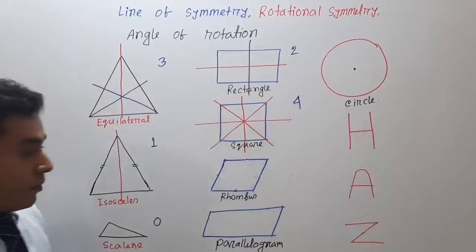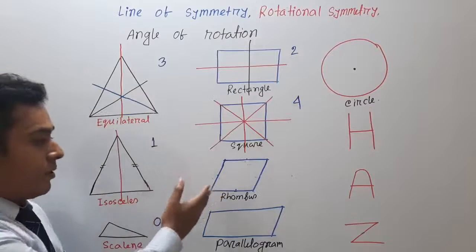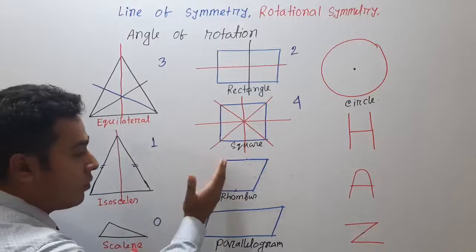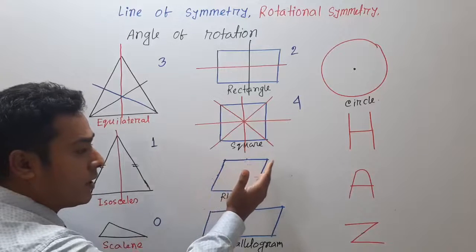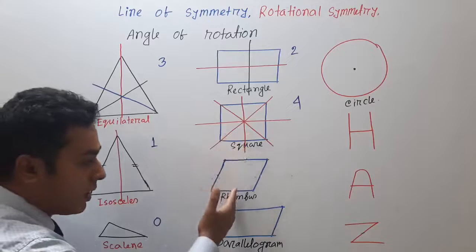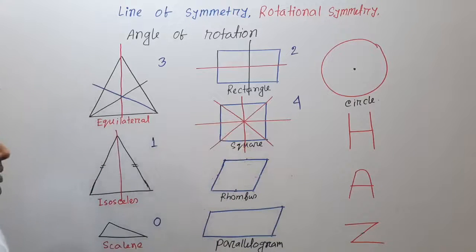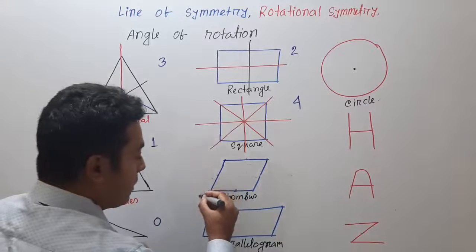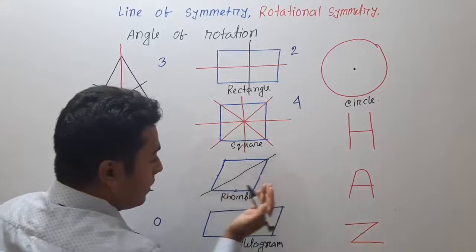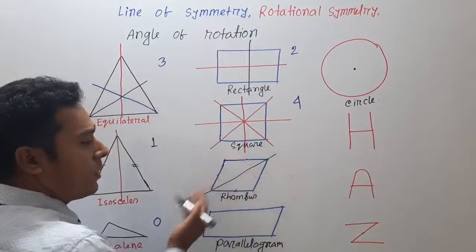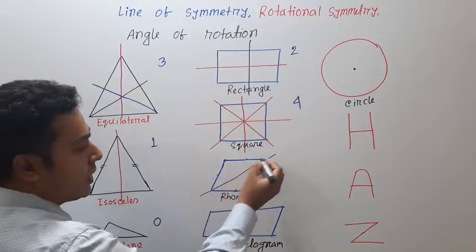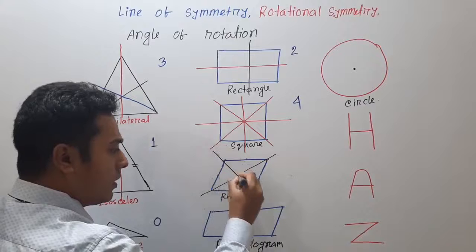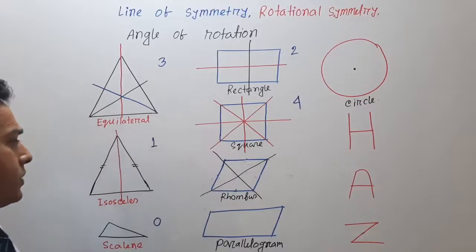But for the rhombus, according to this line, one half does not exactly match the other half. According to this line also, it has no line of symmetry. But according to this line, this half and this half exactly overlap each other, so this line is a line of symmetry for the rhombus, and this one also is a line of symmetry.